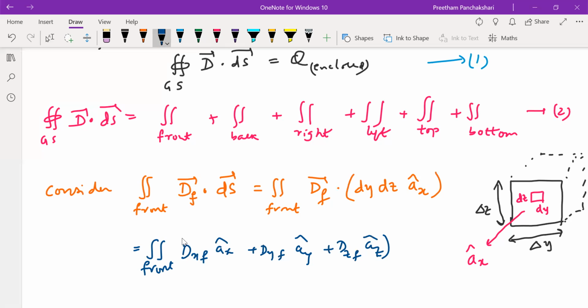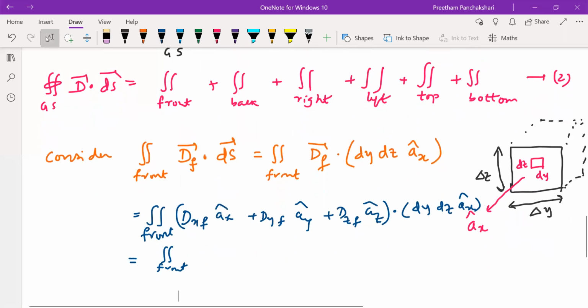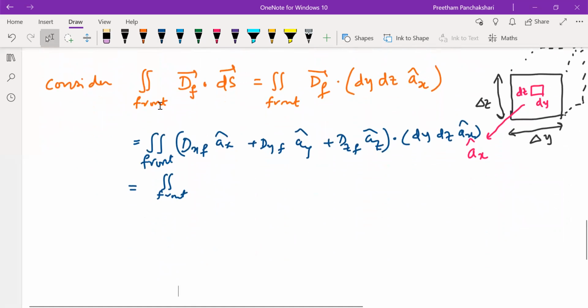So the vector D may have three components, but our surface vector only has x component. So this dot product now gives us D_xF into dy into dz.